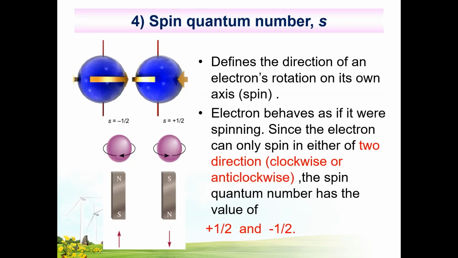The fourth one is the spin quantum number. It defines the direction of an electron's rotation on its own axis. The electron behaves as if it was spinning. Since the electron can only spin in one of two directions, either clockwise or anti-clockwise, the spin quantum number has the value of positive half and negative half.